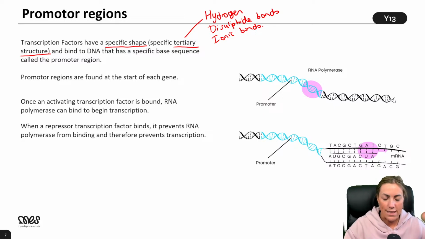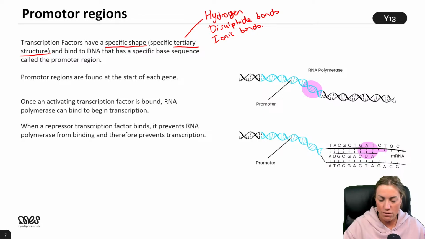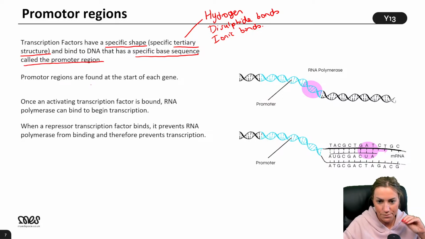So they're proteins. We know proteins have a specific tertiary structure. It's very complex. They bind to DNA at a specific base sequence called the promoter region. Now, someone asked what the promoter region was. It's basically a region of DNA found at the start of each gene.